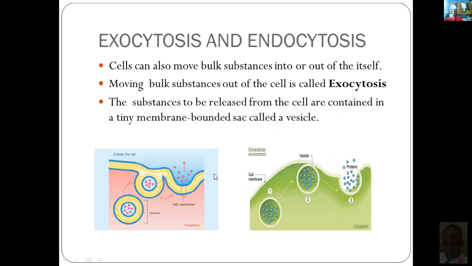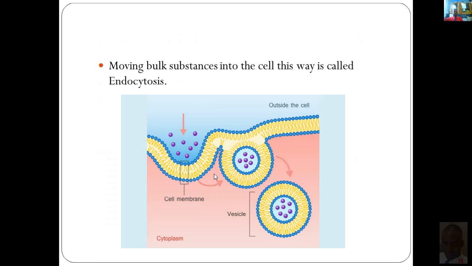So these vesicles actually contain the materials that are to be moved. Moving bulk substances into the cell is called endocytosis. So this is basically the opposite of exocytosis.